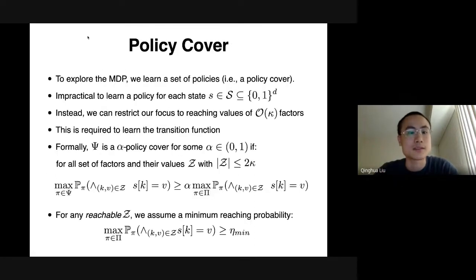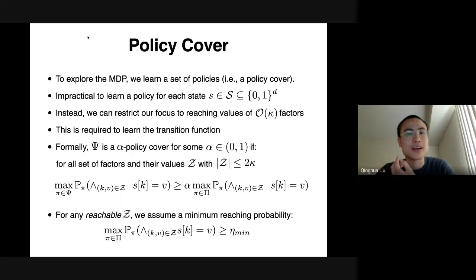Next, please. To proceed, we need to introduce the definition of policy cover. A policy cover is a set of policies. It basically says that if we restrict our attention to an arbitrary 2 kappa size subset of factors, then all its possible values can be sufficiently reached by some policy in the policy cover.